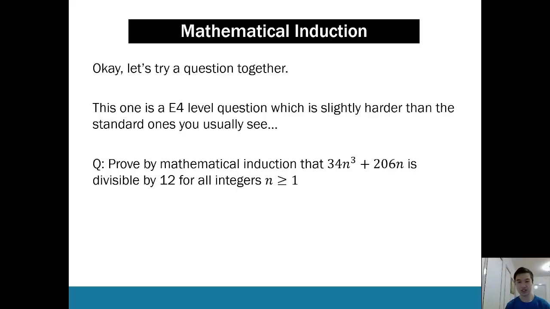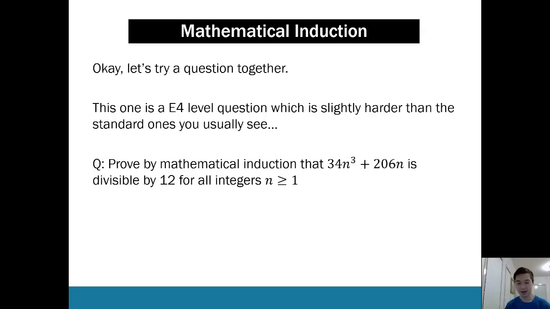So let's try a question together now. This question is an E4 level question, which is slightly harder than the standard ones you see in past HSC papers. And you'll see why when we start doing it, because this induction question requires some creativity in terms of how you solve it.